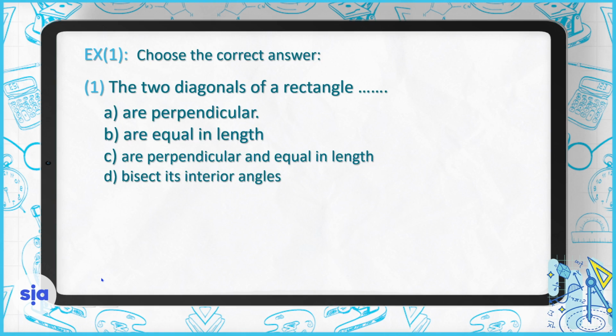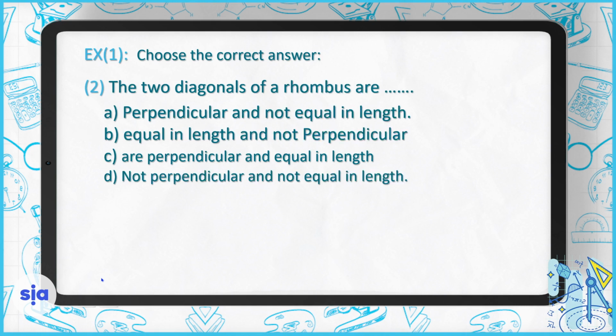Let's go and see the first exercise. Choose the correct answer. The two diagonals of a rectangle are equal in length. Question 2. The two diagonals of a rhombus are perpendicular and not equal in length.